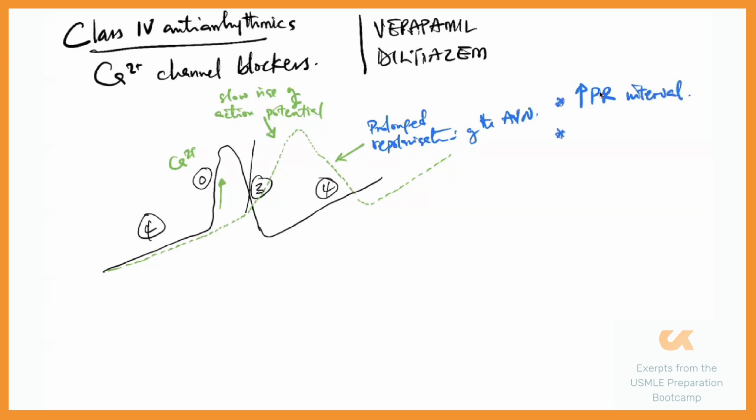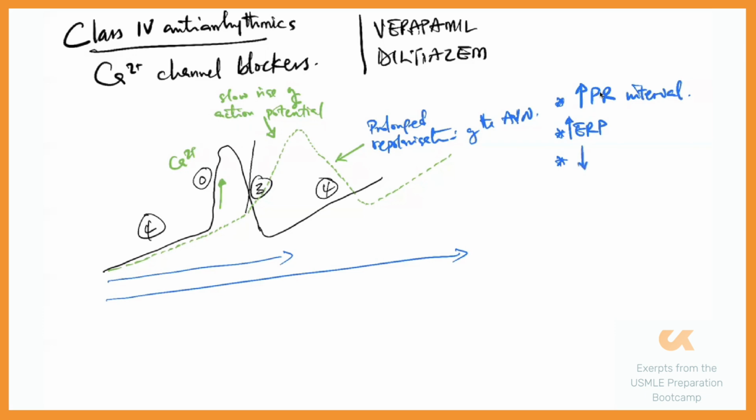What should happen to the effective refractory period? Well, we went from having this perhaps to having something this long. So we expect that our effective refractory period is also going to be increased. What can you say about the ability of the AV node in this case to conduct action potential? Is it increased or decreased? I think we can agree that there is decrease in conduction.